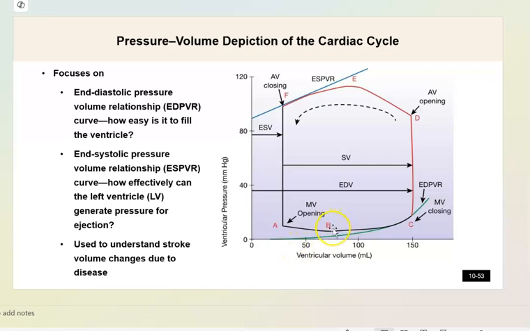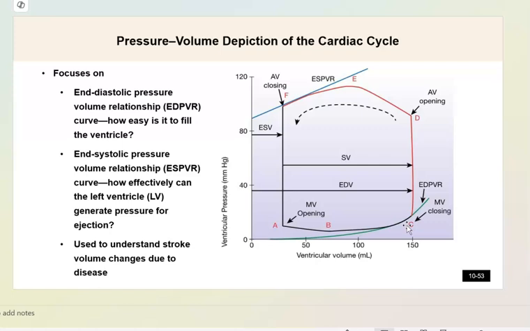At point B, the ventricle is fully relaxed and is filling as the atrium starts to contract. At point C is the onset of the ventricular contraction because the left ventricle's pressure exceeds that of the atrium, and so the mitral valve closes.